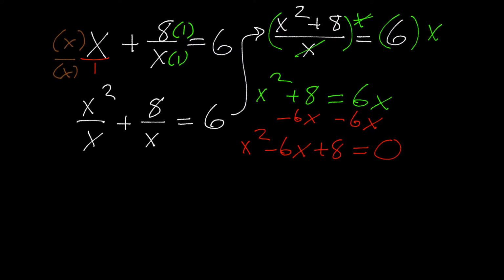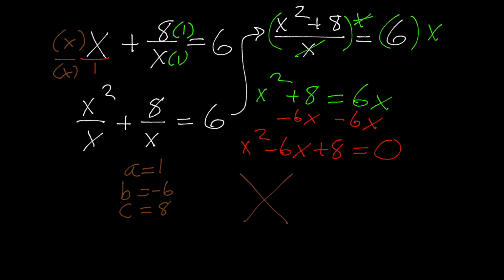And hopefully you notice that, oh, this is a quadratic equation. I can get my solutions by one of two ways. I can use the diamond method of factoring, or I can use the quadratic formula. For this example, I'm going to factor. So, let's factor it using the diamond method. A for the x squared term is 1, b is negative 6, c is 8.